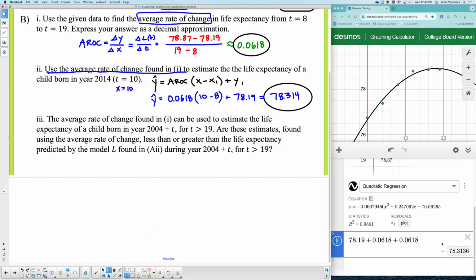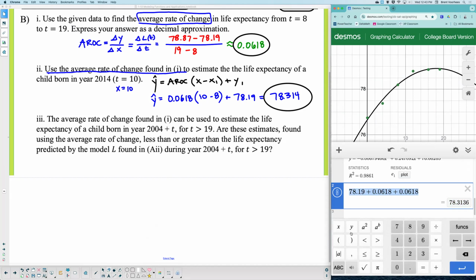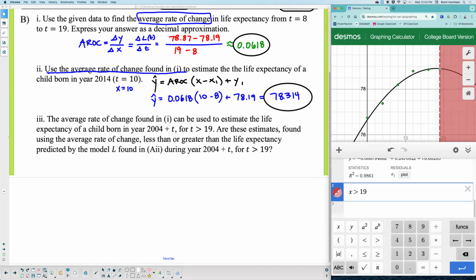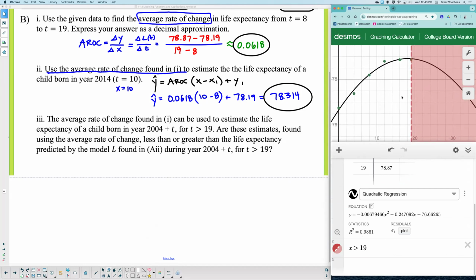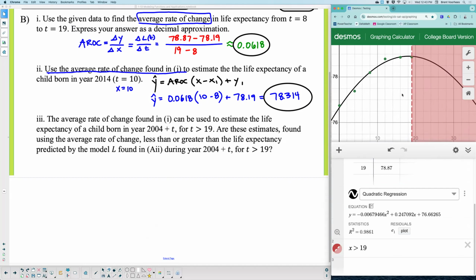X. So go to your calculator, type in X is greater than 19. Did y'all type that in? The question is, is our AROC going to overestimate or underestimate compared to this model once X is greater than 19?